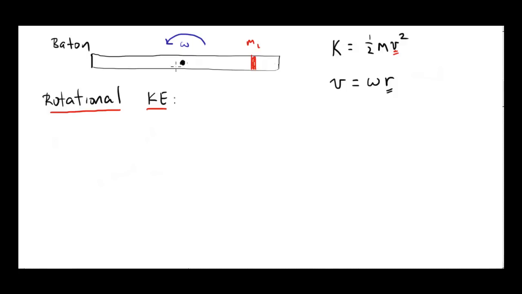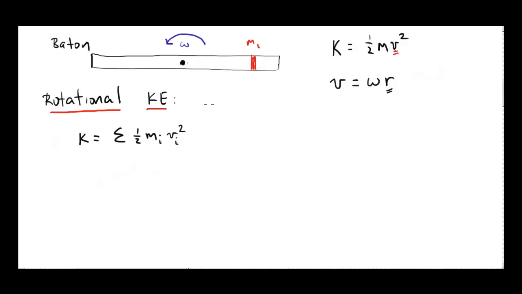You'd have to split this baton up into all of these little mass elements, take into consideration each mass element and its individual velocity, and do a summation. So you'd say the kinetic energy is equal to the sum of 1/2 m_i times the velocity of that mass element, v_i squared. You'd have to do this summation for all of these different little pieces.